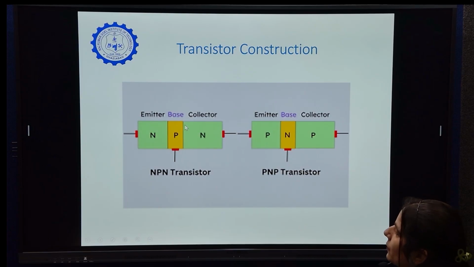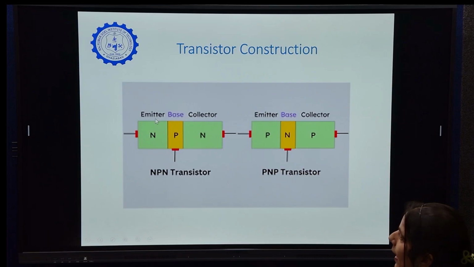BJT is basically a three-terminal device. The three terminals are emitter, base and collector. This is the emitter terminal, this is the base terminal and this is the collector terminal. This is NPN transistor in which a P-type layer is sandwiched between two N-type semiconductors. Similarly, this is PNP transistor in which an N-type semiconductor is sandwiched between two P-type semiconductors.